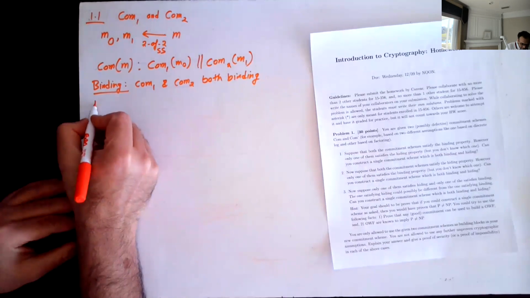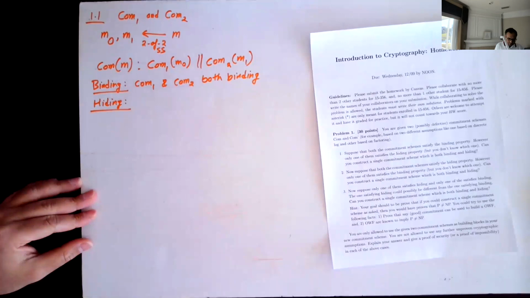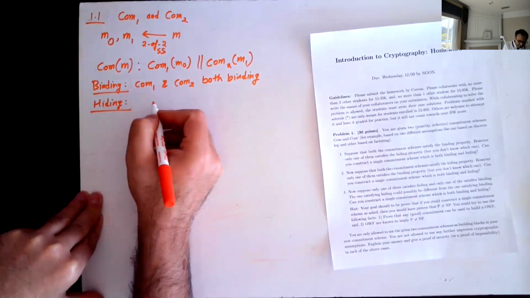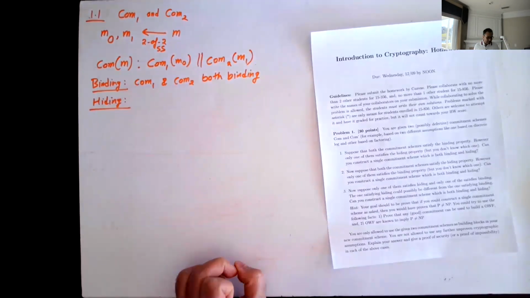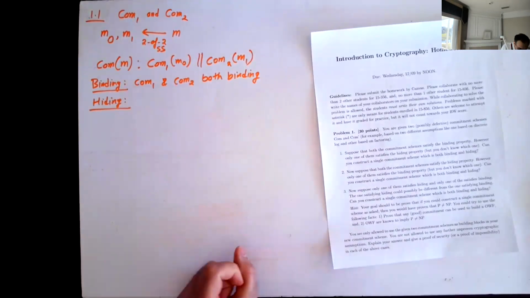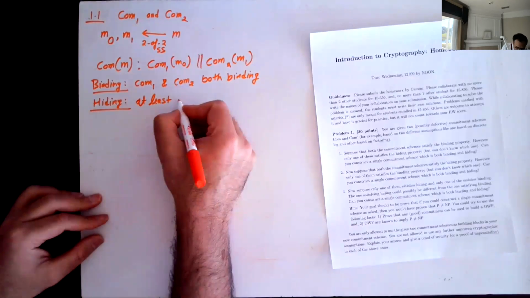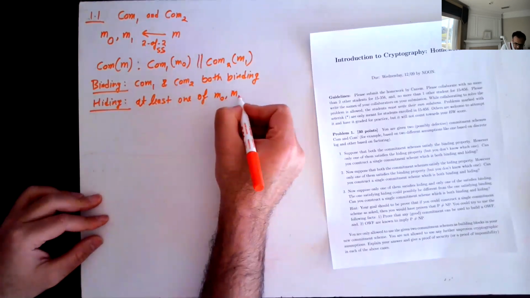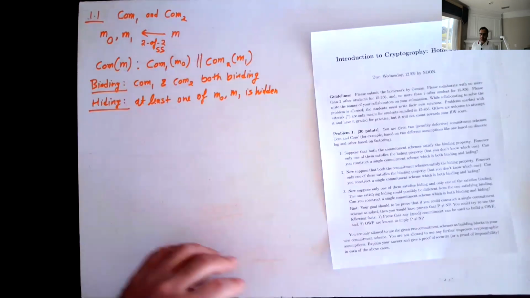How does hiding work? So hiding is based on the following fact. At least one of these commitment schemes is hiding, right? So at least one of M0, M1 is hidden in some sense.